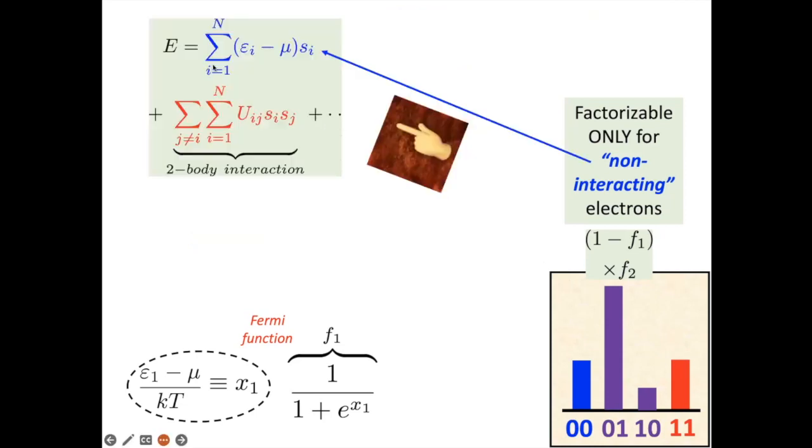And what that means is, if your energy function can be written just in terms of linear terms, where this S is a variable which is 0 or 1, which tells you whether the ith state is occupied or not. But if you have interactions, and you could have 2-body interactions, 3-body interactions, and more, then this factorization doesn't work at all.